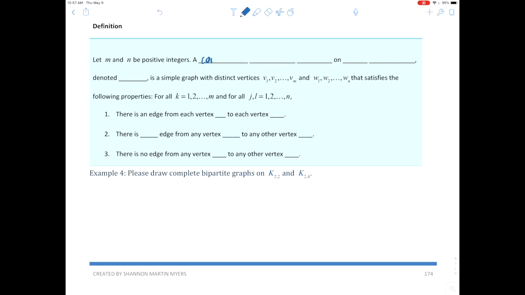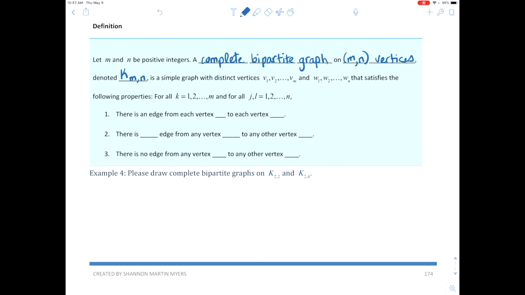A complete bipartite graph on m,n vertices, denoted K m,n, is a simple graph with distinct vertices v1, v2 down to vm and w1, w2 down to wn that satisfies the following properties.